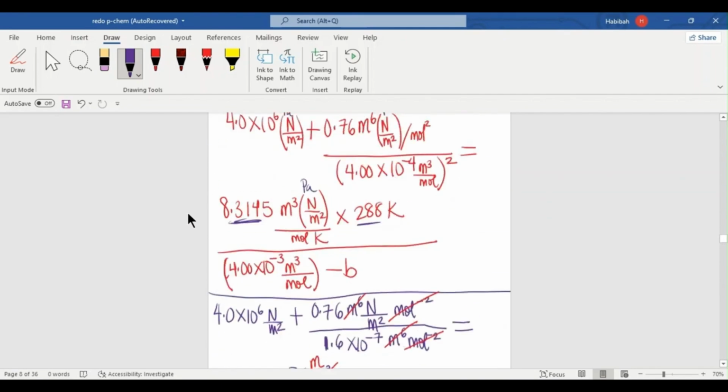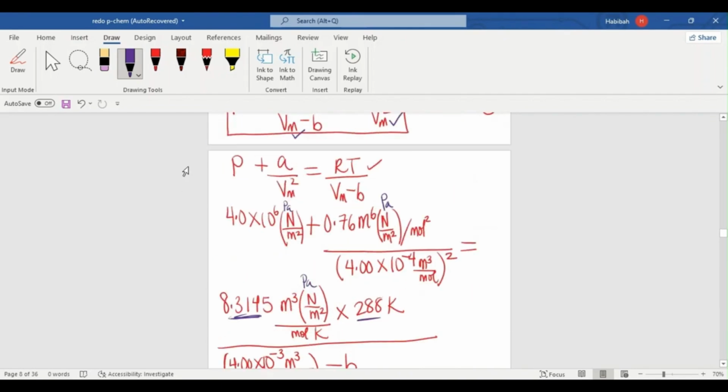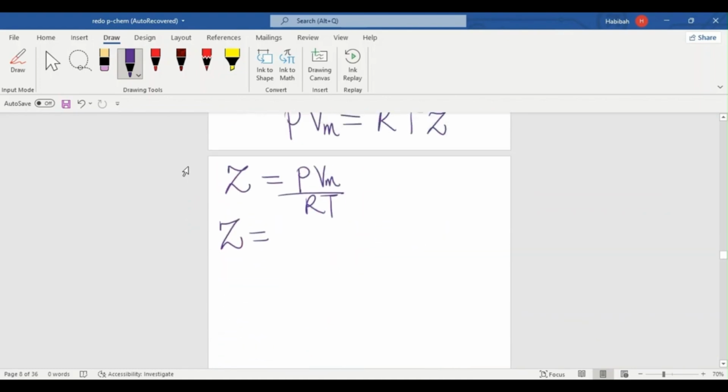So going back up top, we know the value for pressure to be 4.0 times 10 to the power 6 Pascal. So I'm just going to say Newton per meter squared rather than Pascal, times the molar volume. We go back up there.